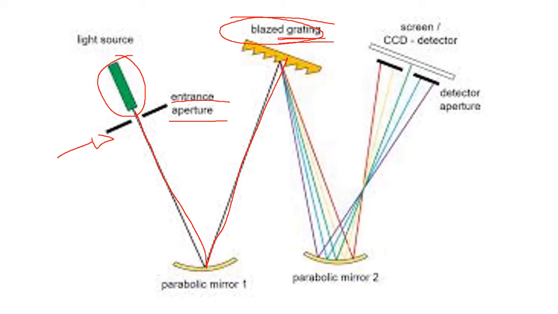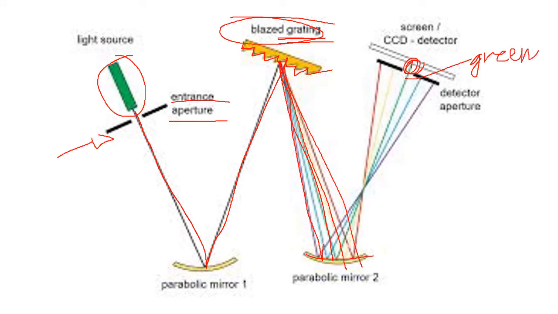Kanina nabanggit na natin si grating. Okay, so it's going to reflect light, which is separated na into wavelengths. That's the reason why kapag nag-shine ka ng light somewhere that is grated, yung ganyan yung itsura, serrated, it's going to reflect into a rainbow. Okay, and then the parabolic mirror too, it's going to reflect the light further, and then it's going to isolate one specific wavelength. In this case, ang nakuha niya na wavelength ay color green.